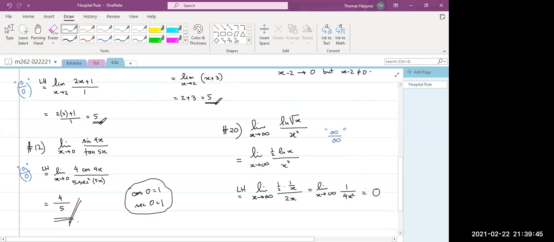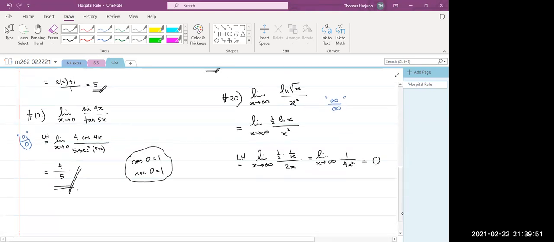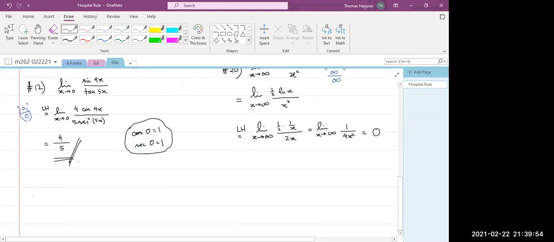Now, sometimes you need to take the derivative more than one time. Let's say number 24. I'll do it here. Number 24, limit u goes to infinity of e to the power of u over 10, over u cubed.